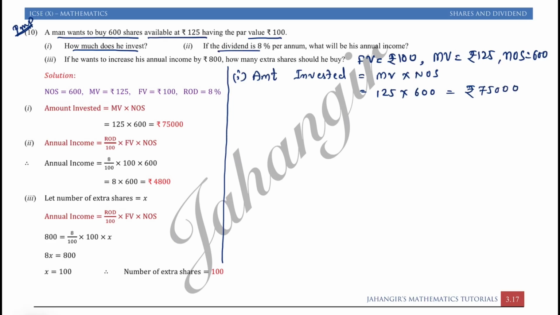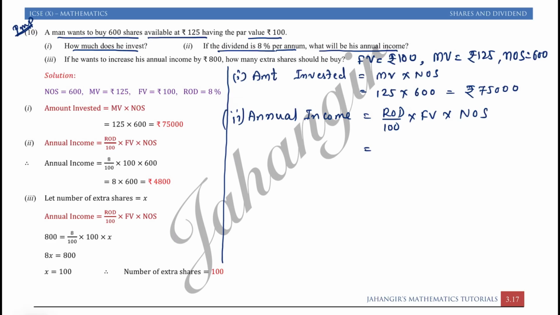If the rate of dividend is 8% per annum, what will be its annual income? So in the second part we have to find annual income. This is totally purely a board pattern question. Annual income. First we will write formula, that is ROD upon 100 into face value into number of shares.